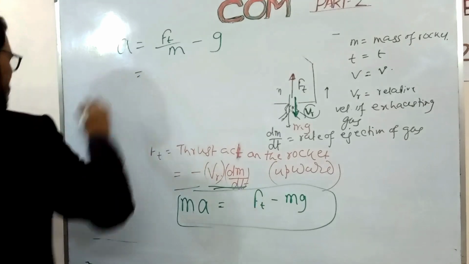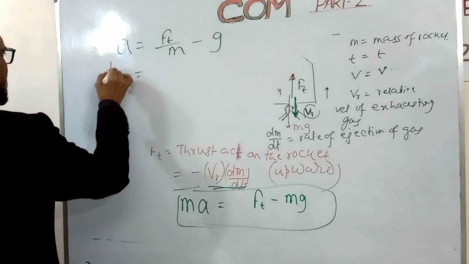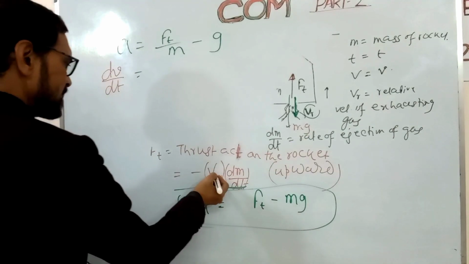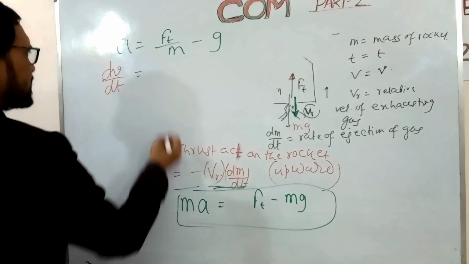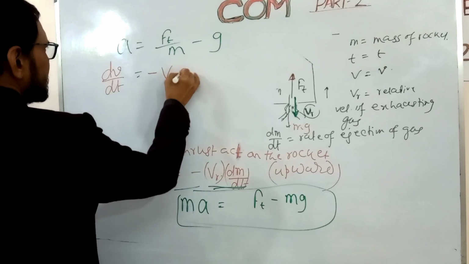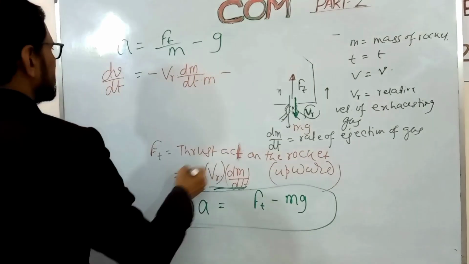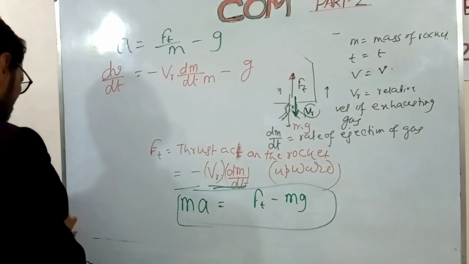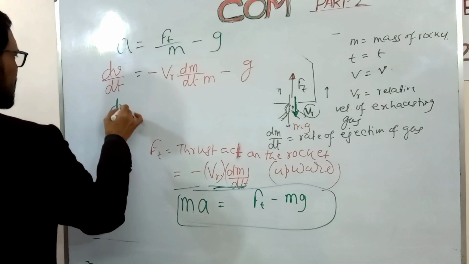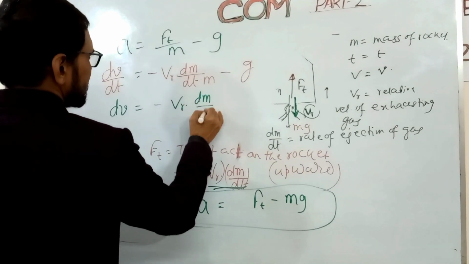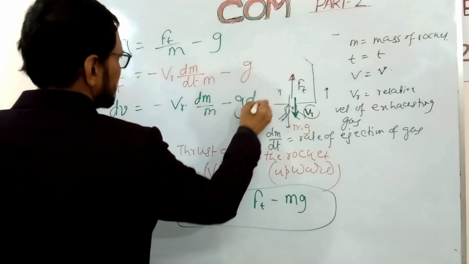Now a equal to dv by dt, so dv by dt equals Ft by m minus g, where Ft equals minus Vr dm by dt. So dv equals minus Vr dm by m minus g dt.